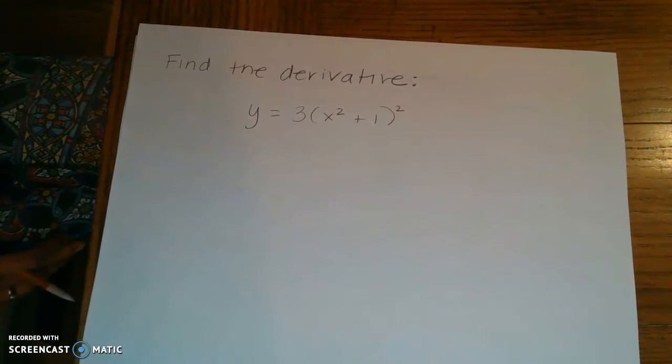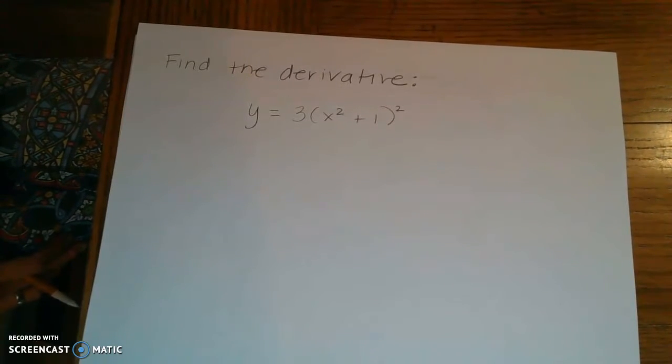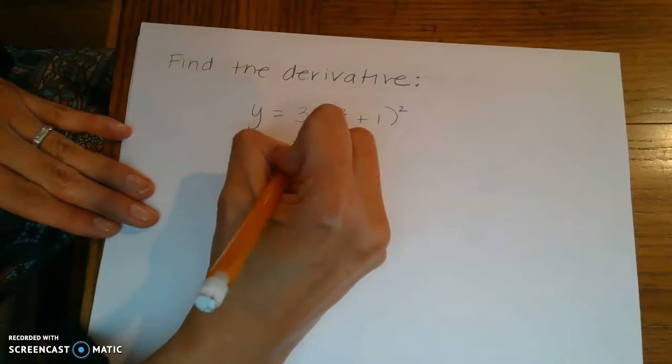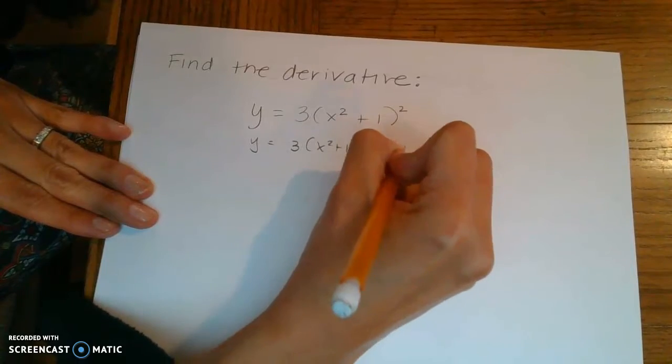Okay, if I ask you right now to find the derivative of y equals 3 times x squared plus 1 squared, right now, doing the power rule, this is in the correct form, and you know that you would have to expand it. And we would get y equals 3 x squared plus 1 times x squared plus 1.